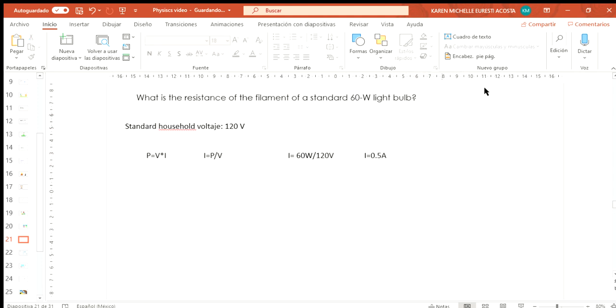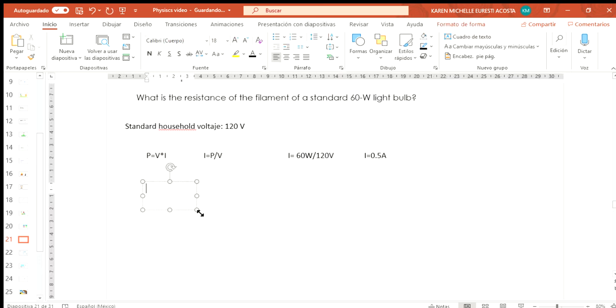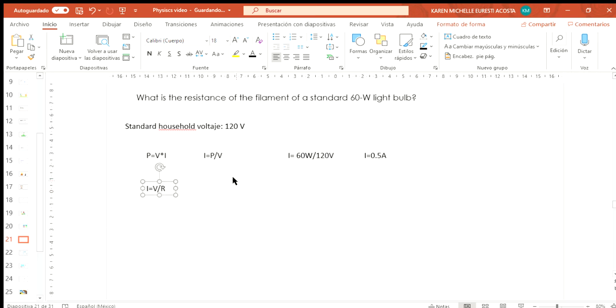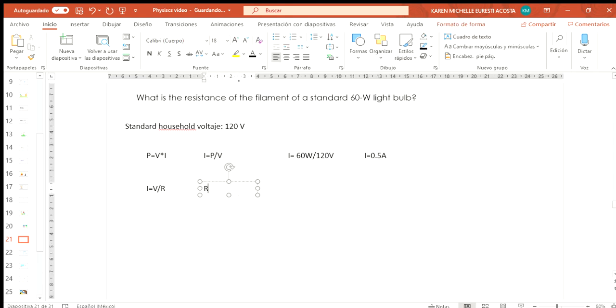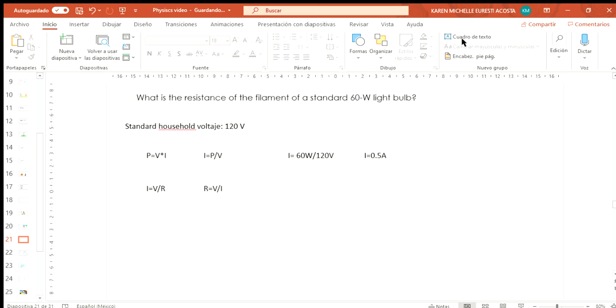Then that we have this value, we can use the formula I equals V divided by R. That R is the resistance. Then we clear that out because we want to look for the R, so we have that R equals V over I. Now we replace the values.